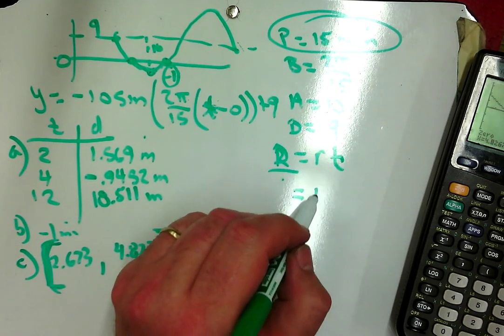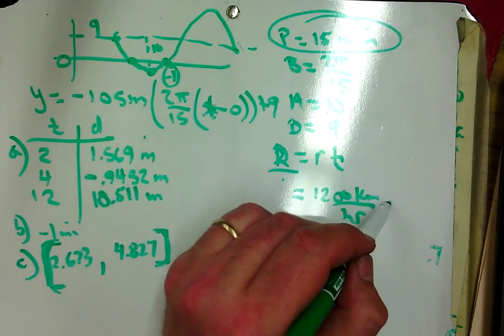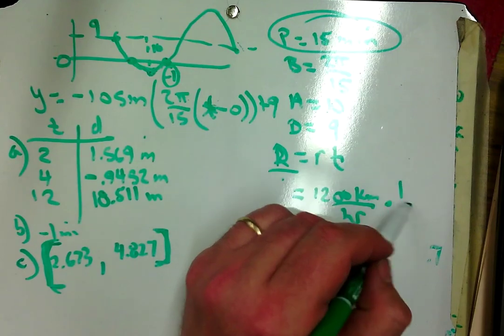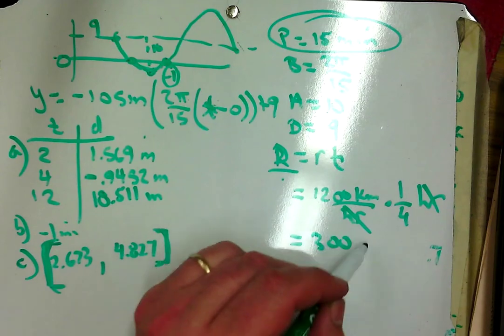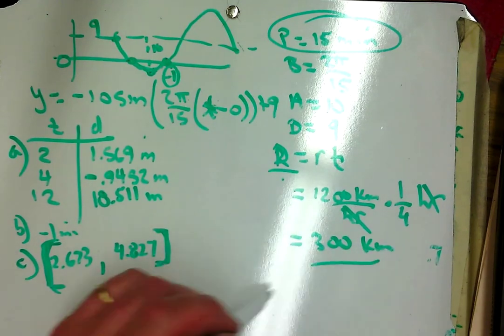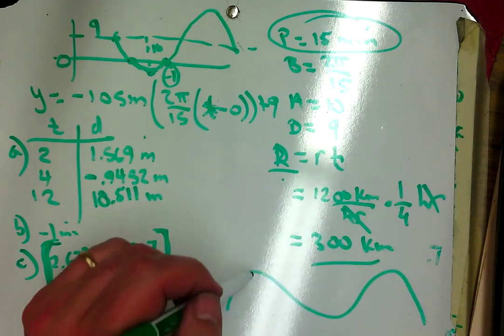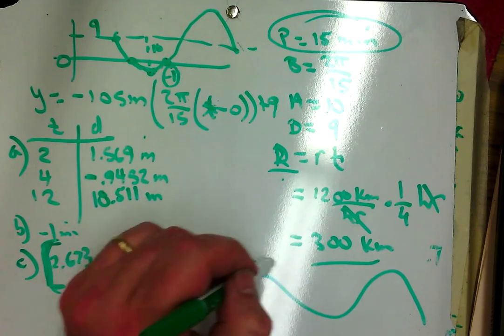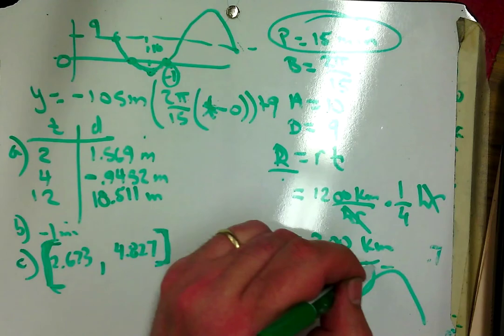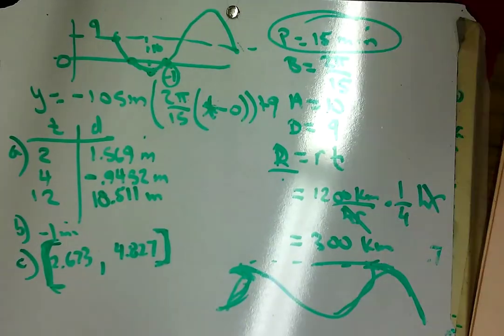So if I take my rate of 1,200 kilometers per hour and multiply by my time, 15 minutes or a quarter of an hour, I get 300 kilometers between waves. So the first wave comes in, and then 300 kilometers away is the next wave starting to build. Alright, there's station 6. Let's take a look at station 7.